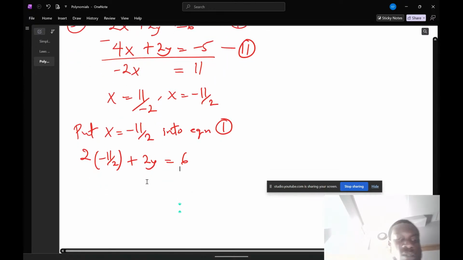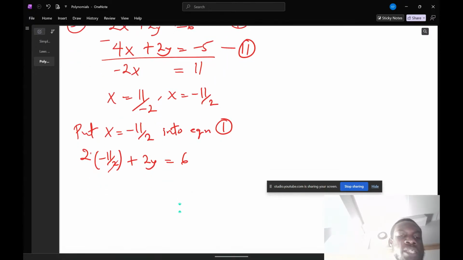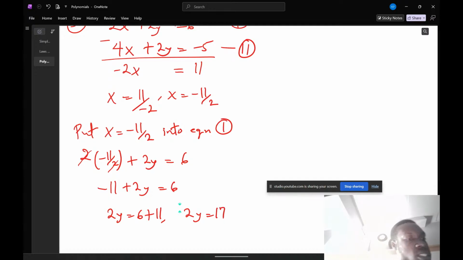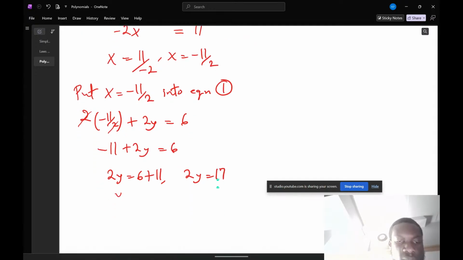So the 2 in the denominator crosses out the 2 in the numerator. So that will be minus 11 plus 2y is equal to 6. So we can now say 2y is equal to 6 plus 11. So 2y is equal to 17. So we can say that y is equal to 17 over 2.